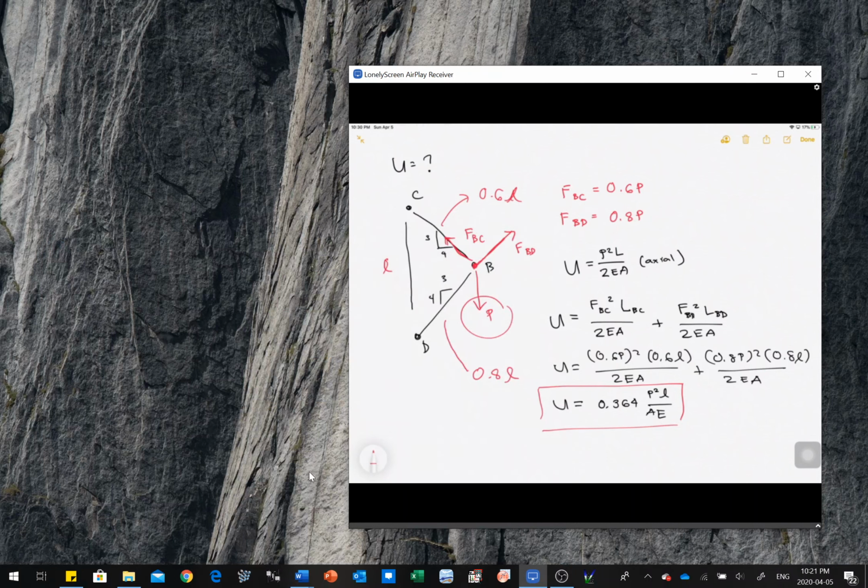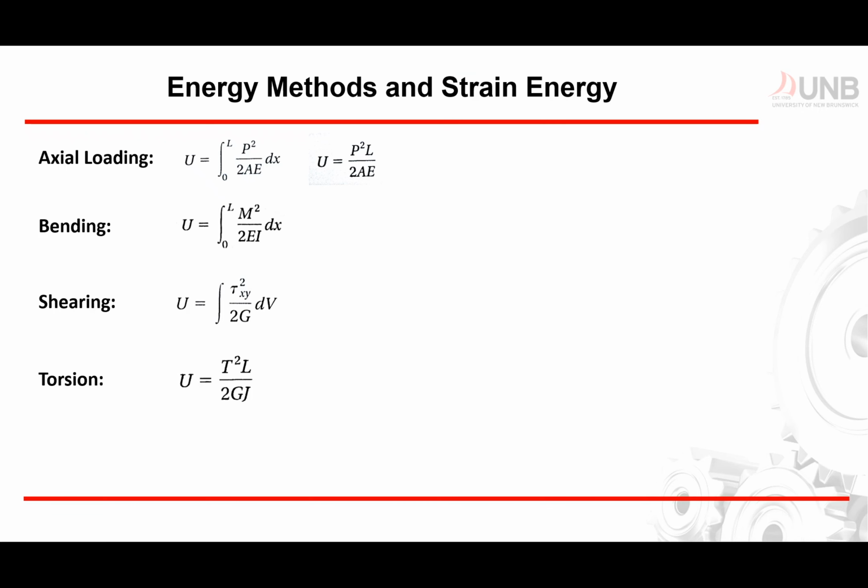Okay, I lost my file previously. So now when we're dealing with different types of loading, we have axial, bending, shearing, and torsion. The first two examples only cover axial loading.